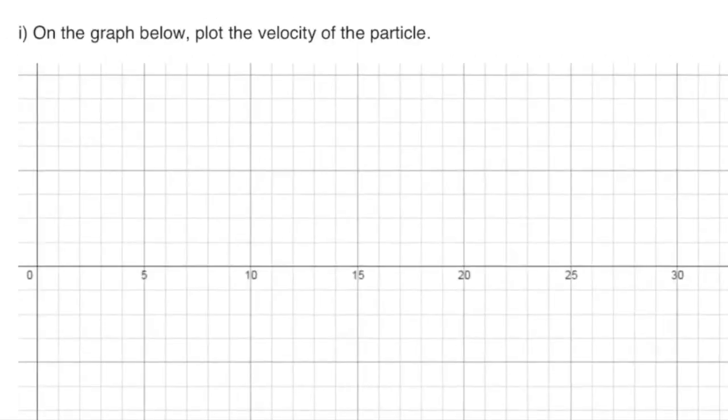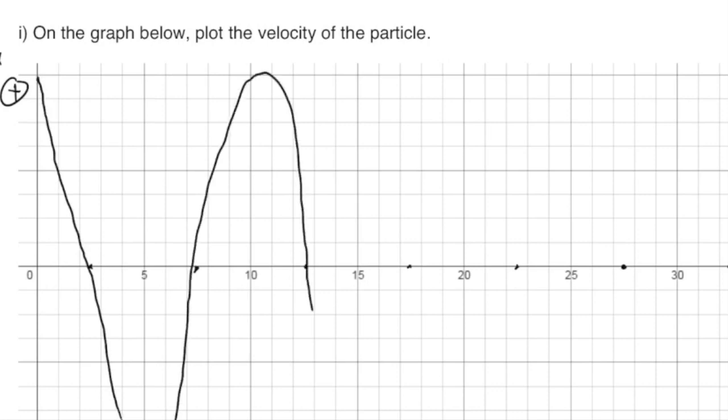On the graph below, plot the velocity of the particle. We know that our particle is starting in a positive direction. It then decreases down to a velocity of 0, coming to a stop at 2.5 seconds, and then increases in a negative direction with maximum negative velocity at 5 seconds, slowing back down to 0 at 7.5.